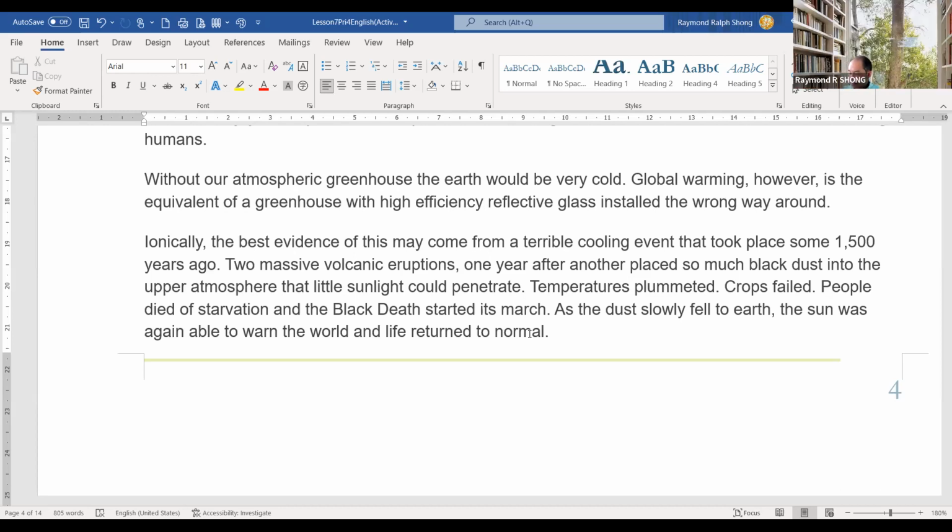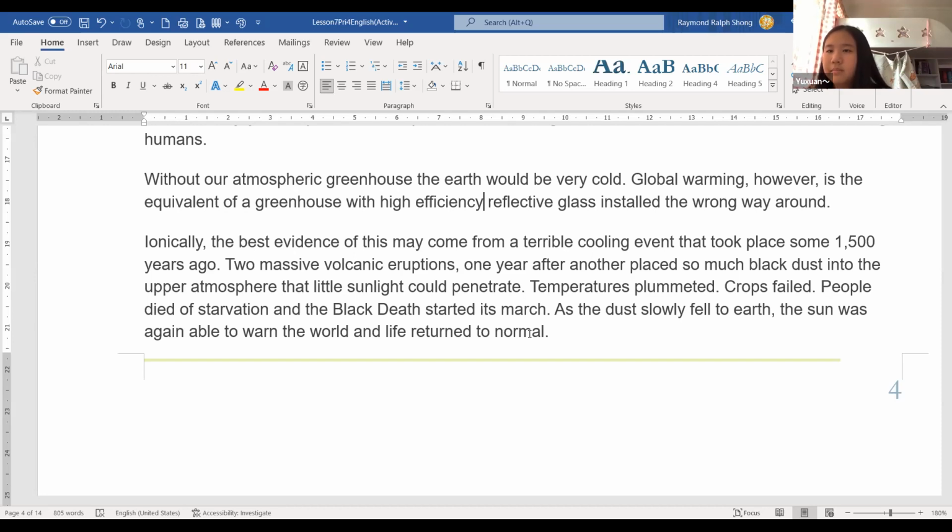Two massive volcanic eruptions, one year after another, placed so much black dust into the upper atmosphere. Very good, carry on, you read very well, add oil.